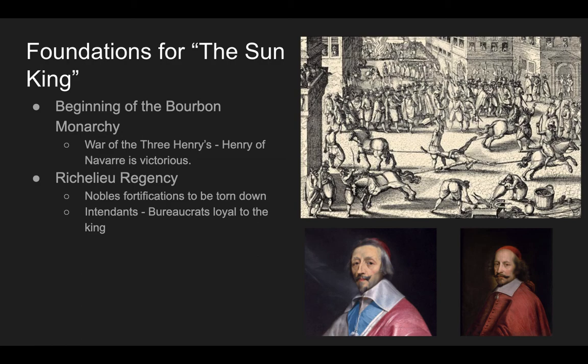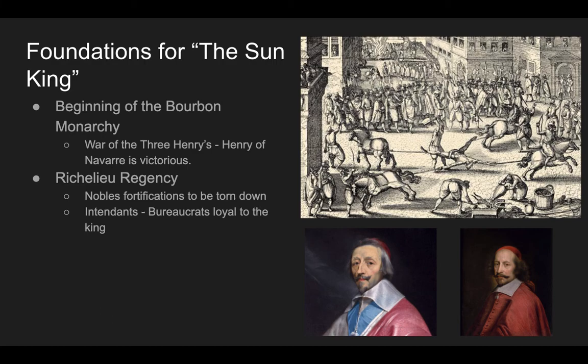He's going to increase the French bureaucracy, the crown's bureaucracy. He's going to create individuals known as intendants, who are going to be bureaucrats that are loyal to the king. Instead of using members of the nobility necessarily, they are going to hire new bureaucrats that are going to be more known for their own abilities, their own academic abilities, their own economic abilities, their own governing abilities, individuals that are going to be chosen by the crown.